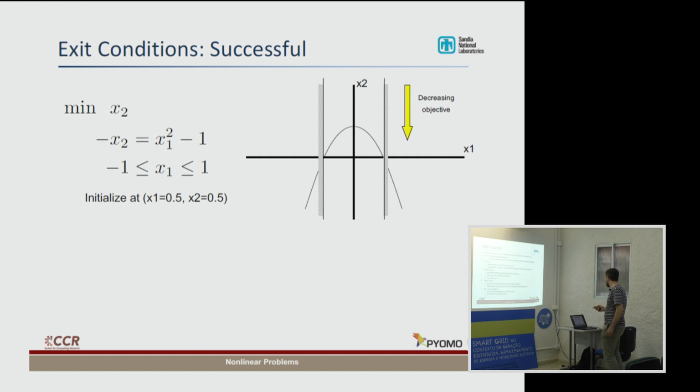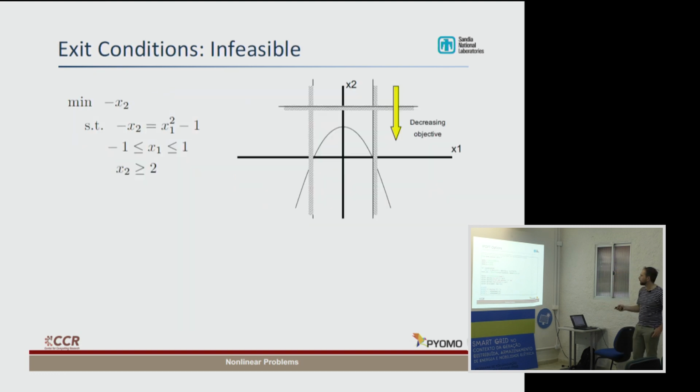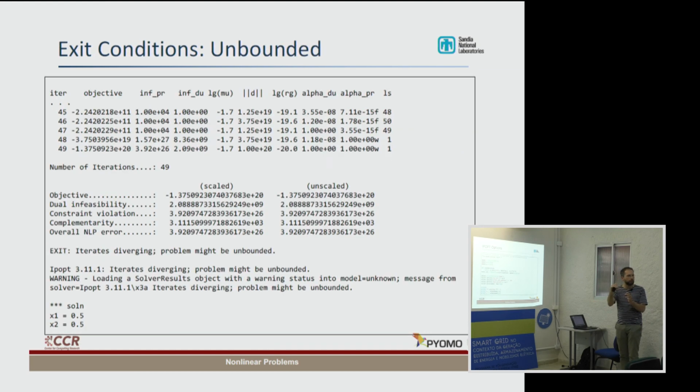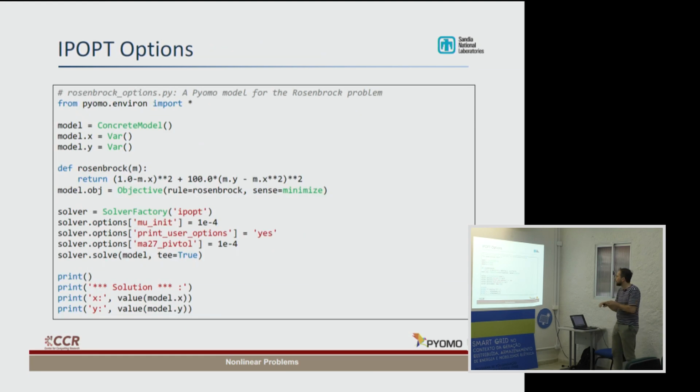I will pass this. This might be interesting for you if you want to use IPOPT as well. There are a lot of options you can pass from Pyomo to the solver. Usually these options are well documented on the documentation website, but here I put some examples.